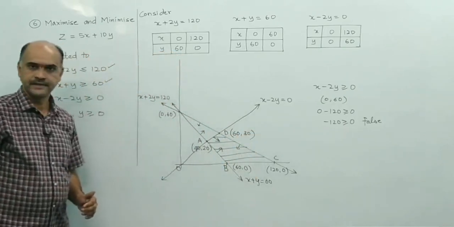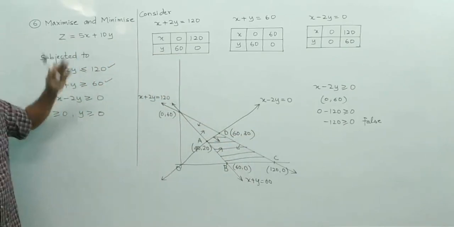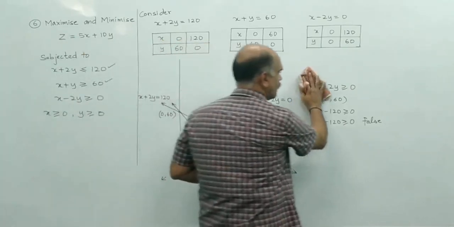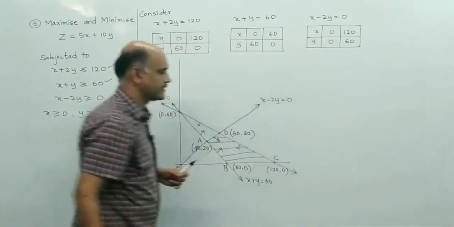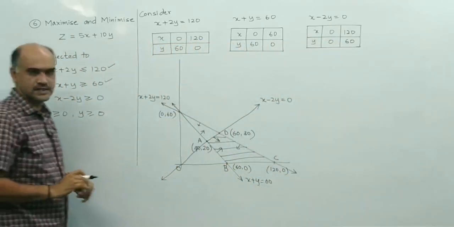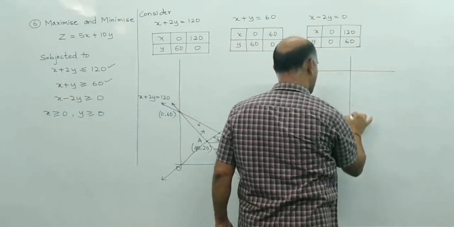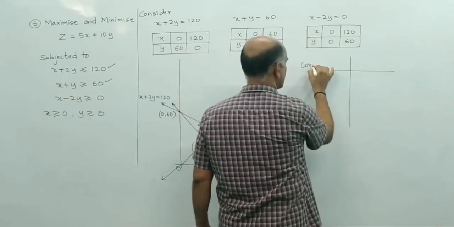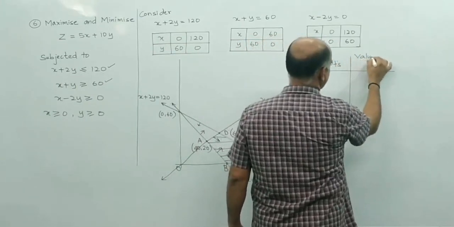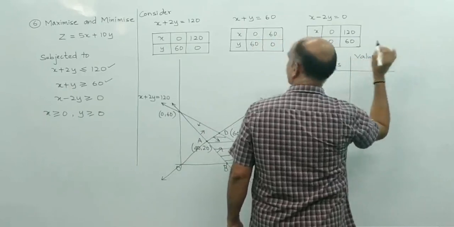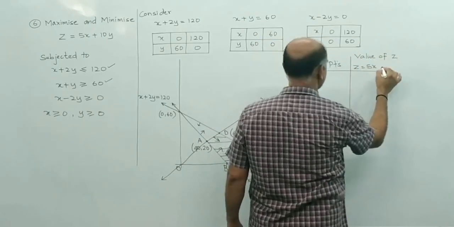So now again take all corner points and find the maximum and minimum value of Z. So again I will have the table of corner points and value of Z. Z is equal to 5x plus 10y.